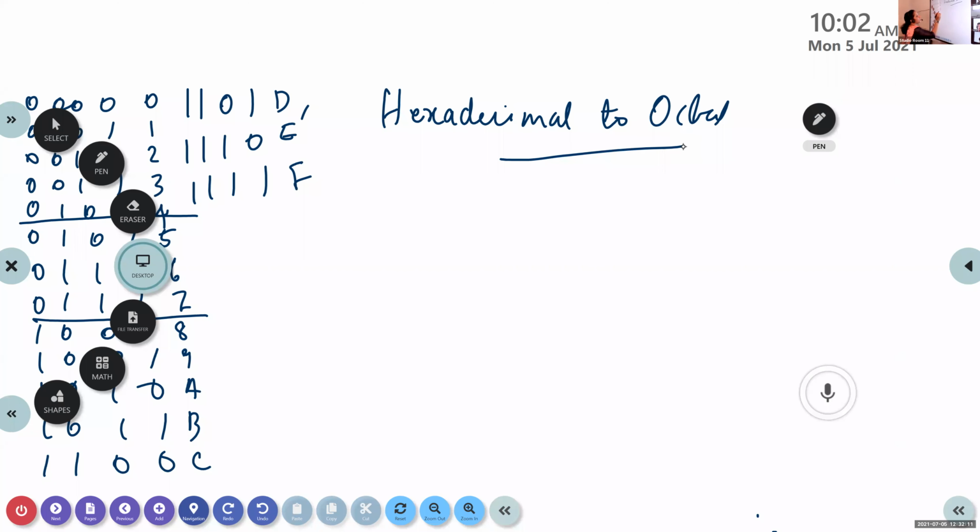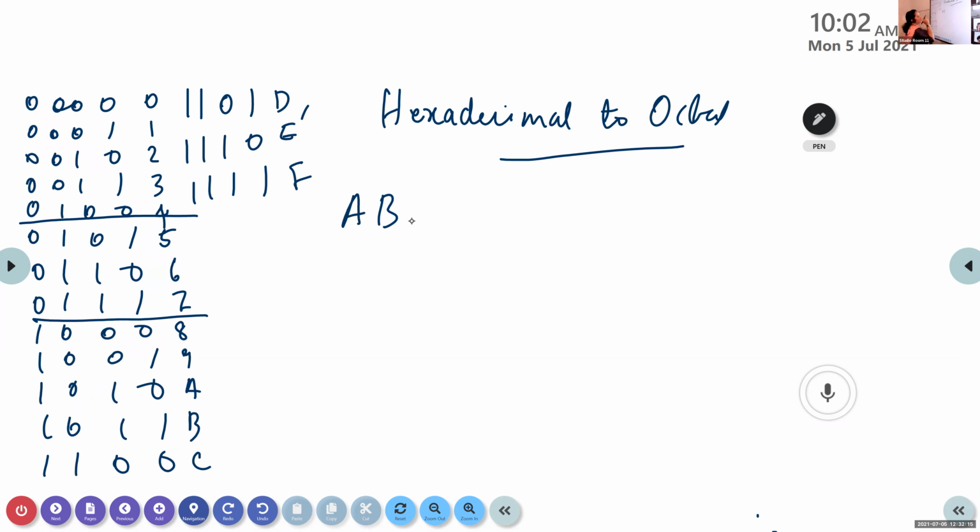So hexadecimal to octal: I want to convert AB.16 to the base 8, that is, base 16 to base 8. How can we convert this hexadecimal number to octal? First, we have to convert this hexadecimal to binary using the 4-bit table.